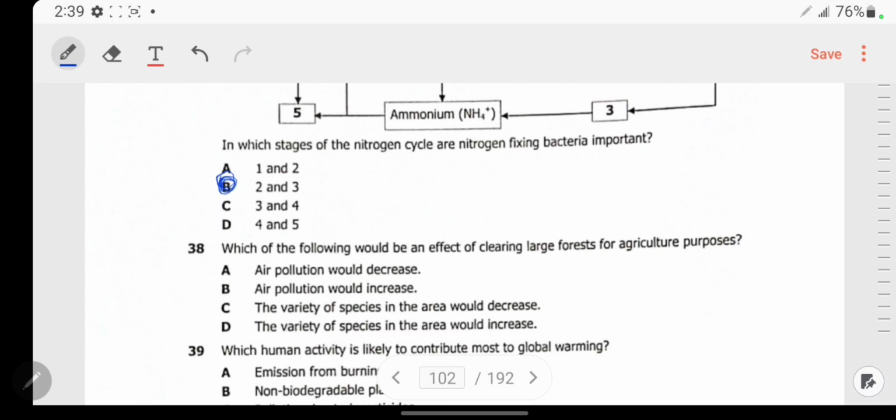We have: air pollution would increase; the variety of organisms in an area would decrease; the variety of species in an area would increase. So the best answer for this one is C. The variety of organisms in an area would decrease, because you are taking away their habitats, in which they will either run away, or some will even die in the process.